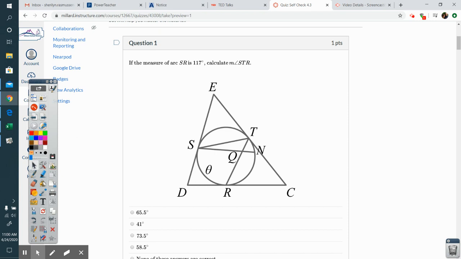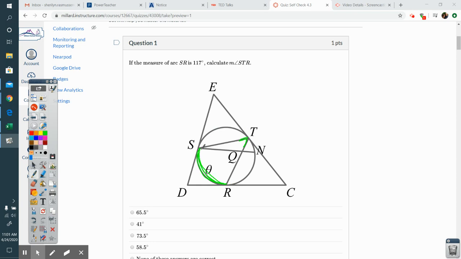But here we go. If the measure of an arc, now, the definition of an arc is just like this one, arc SR. So the arc is considered the circle around, that touches here. So if the measure of that arc is 117 degrees, you want to calculate what this angle is here. As you know, an entire circle is 360 degrees.